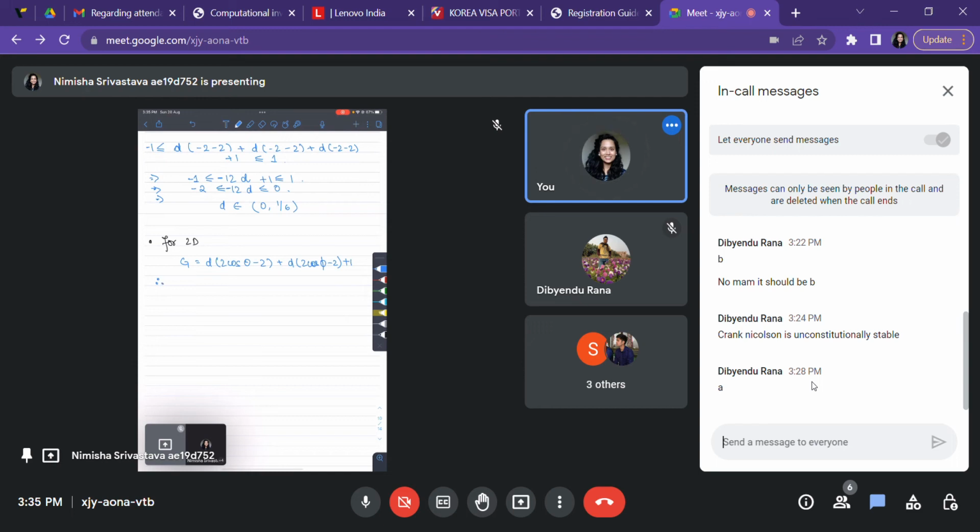Therefore, for theta equal to phi equal to pi, maximum magnitude is achieved.